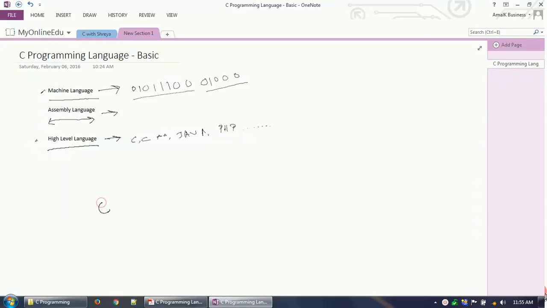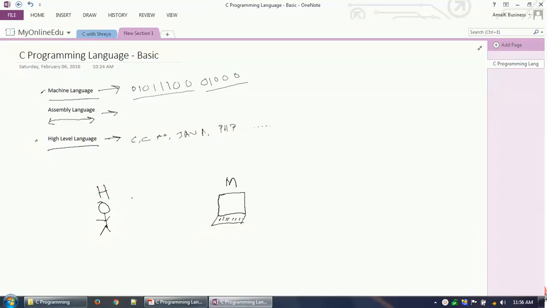Let's say we are the human beings over here. We are writing a program, and this is a particular computer which does the operation. But it understands only machine level language, and we write our program in the high level language.